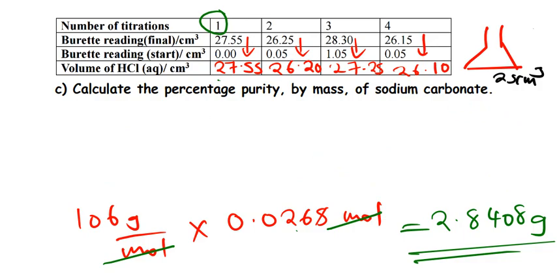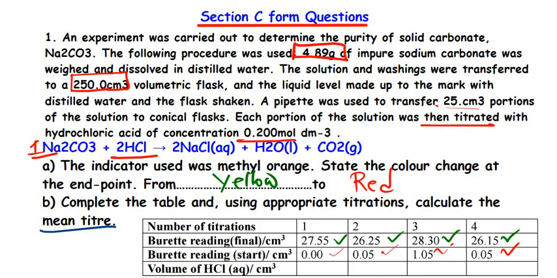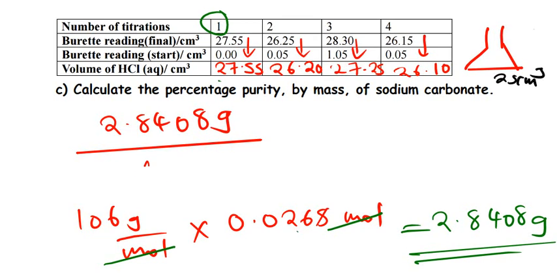Now the implication is the rest of it wasn't pure, it was impure. The impure one was 4.89 grams. Okay, so times 100 now. So let's see now.